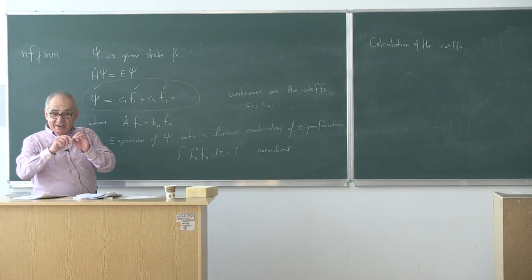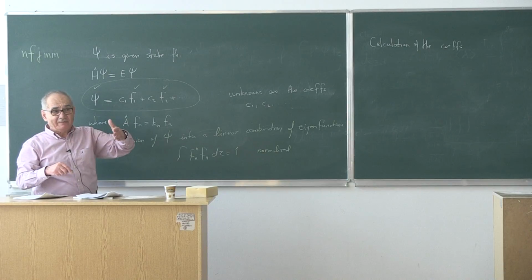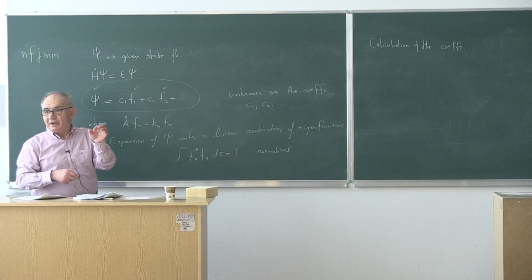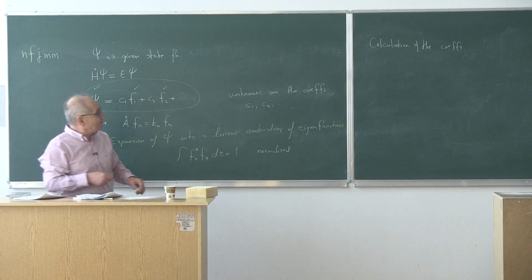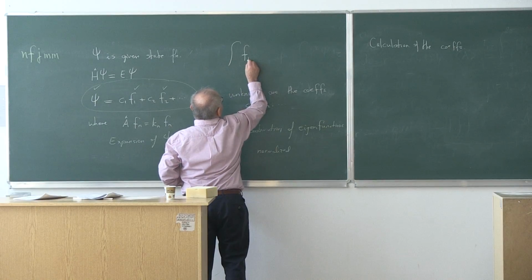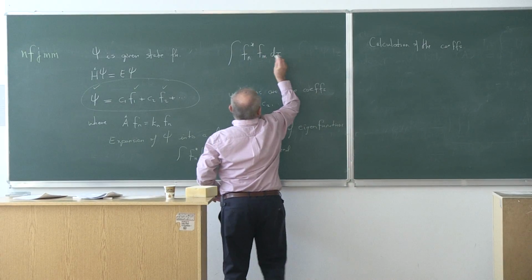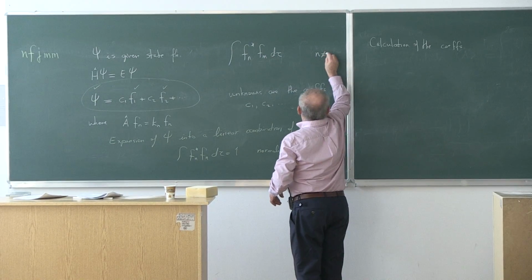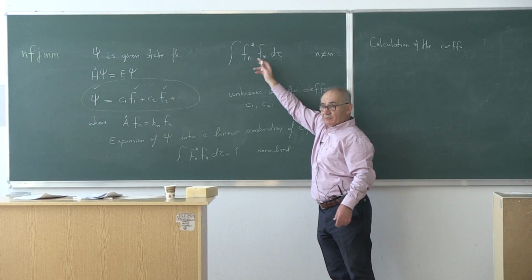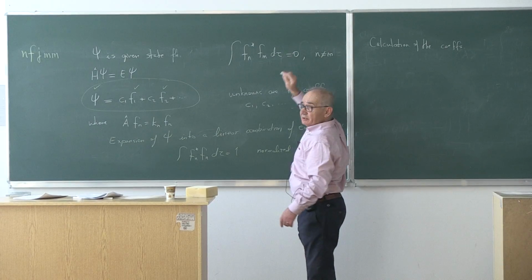This is a basic fact for any quantum operator. The eigenfunctions of any quantum operator form an orthogonal set. What does it mean? It means this. If you take two different functions, which means if n is different than m, the value of this integral is 0. This is orthogonality.